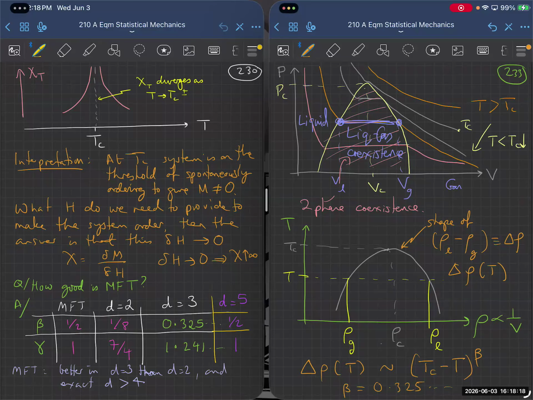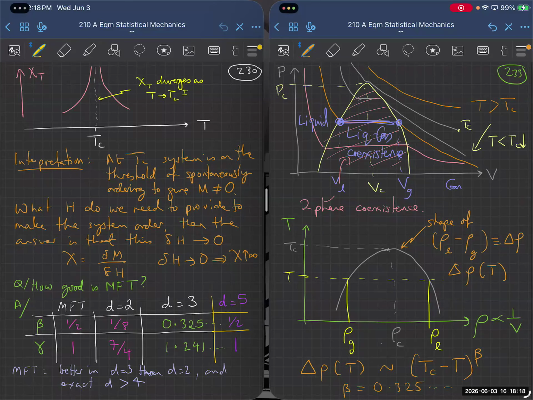It says I don't even have to have this theory, this Ising model theory, be just describing a magnet. Even if I describe something like a liquid and a gas transition, which is as different as you can possibly get from a magnetic transition, the critical behavior of it is exactly the same.